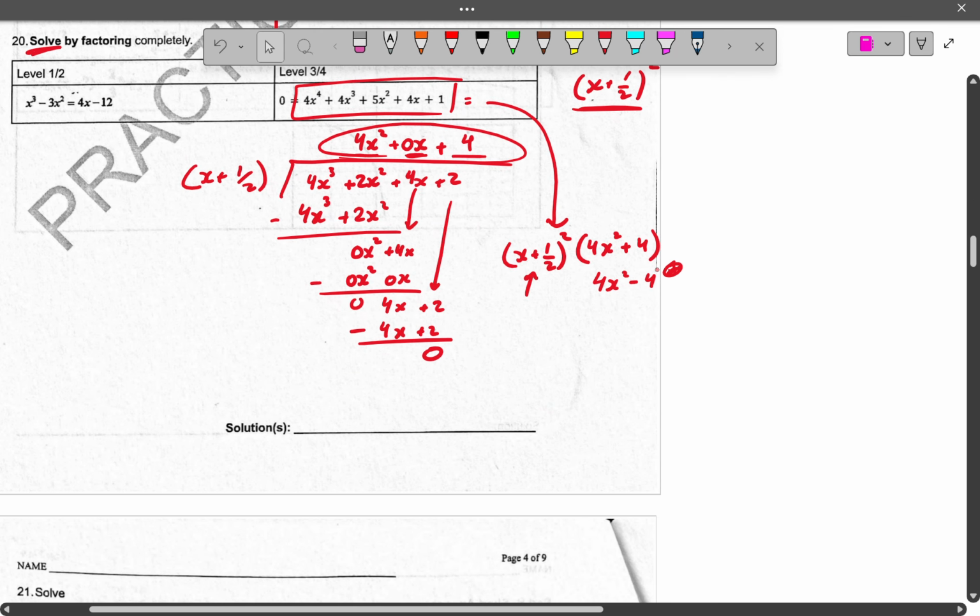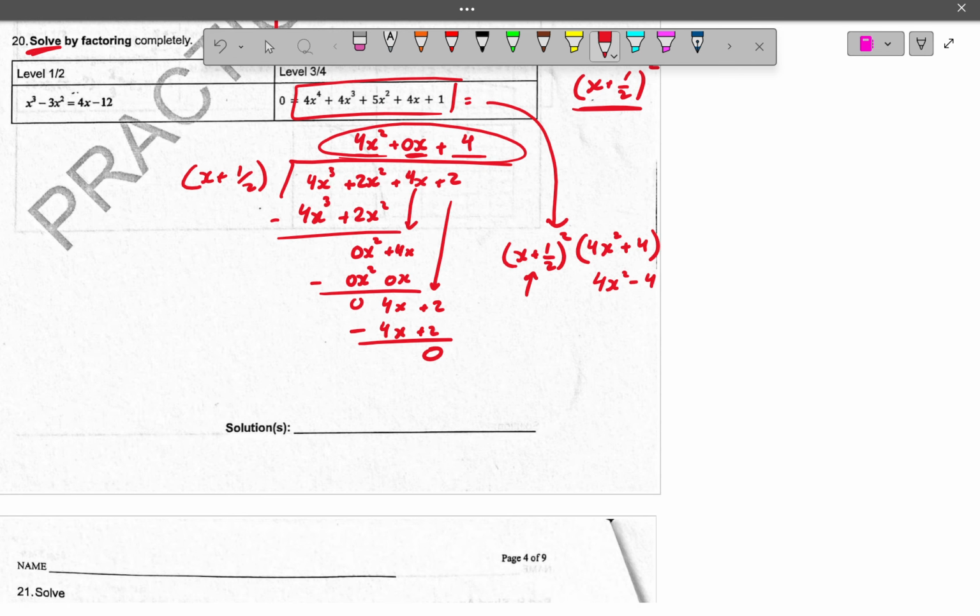Just showing that though, a difference of squares, you recall if you have something like a squared minus b squared, your answer would be a plus b and a minus b as the factored form. But because it's plus, we don't have to worry about it. I was just showing that here.